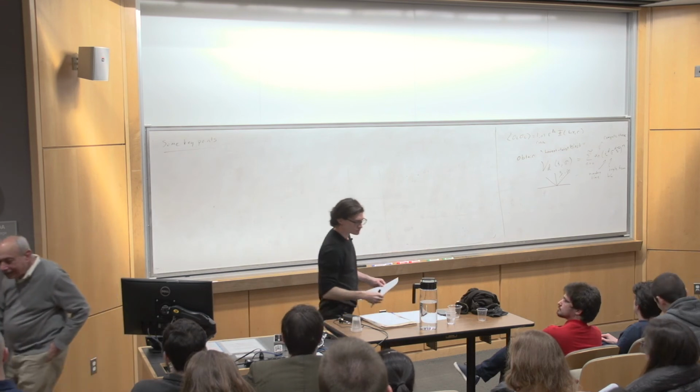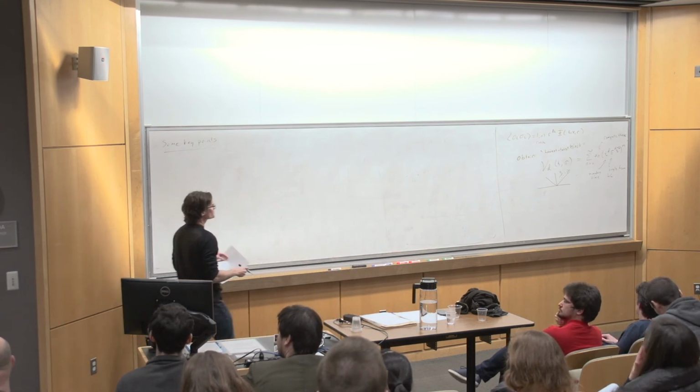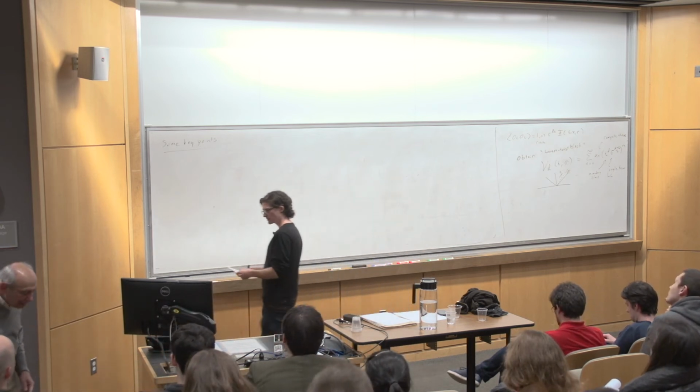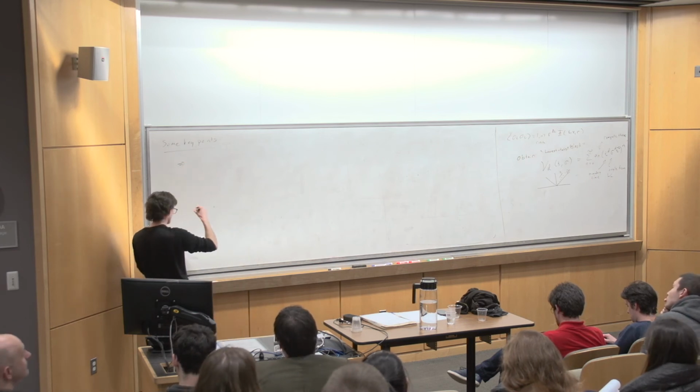So first of all, solving the bulk equation of motion for the bulk to boundary propagator is simplified by choosing nice variables.